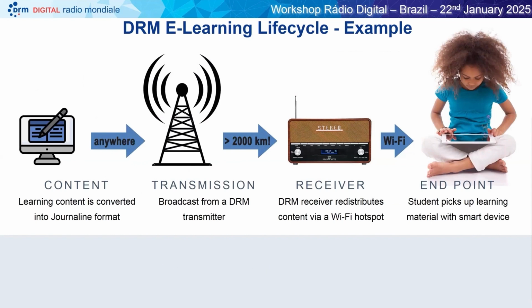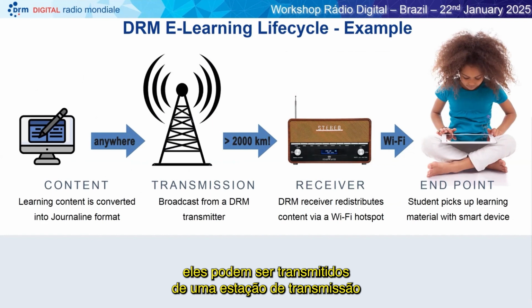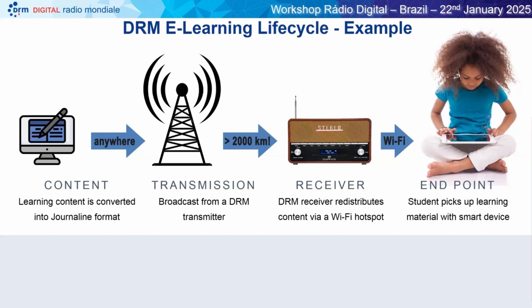You can transmit it from a broadcasting station that can be within a country or even outside a country. Depending on your application, it can be a shortwave transmission, or an FM transmission, digital FM, of course, DRM transmission from a local community radio station.